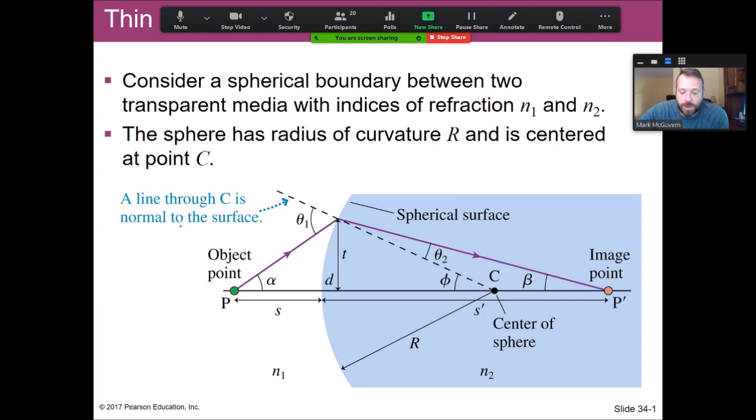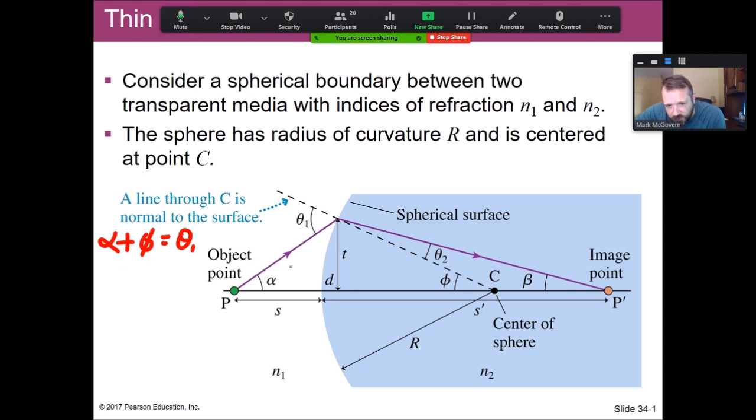We can see we have the following relationships here. If you add up alpha and phi, you get theta 1. You have this angle here, theta 1 is the supplement of the third angle, therefore the sum is equal to theta 1. We also have theta 2.